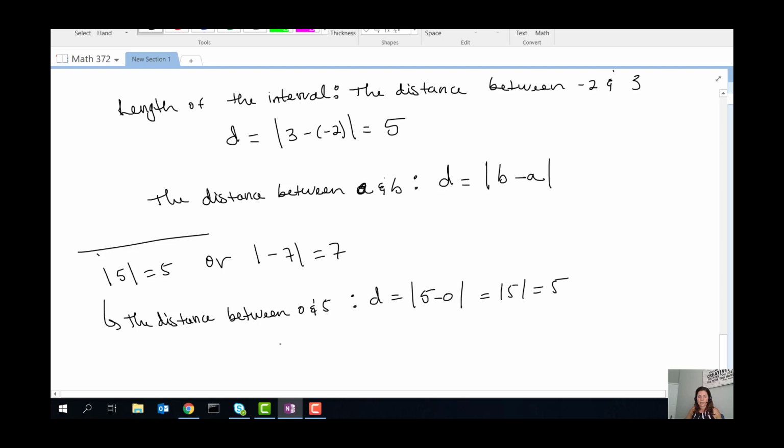For the absolute value of -7, the distance between 0 and -7 would be D equals -7 minus 0, which is the absolute value of -7, which is 7. So the absolute value is really giving you the distance of something.